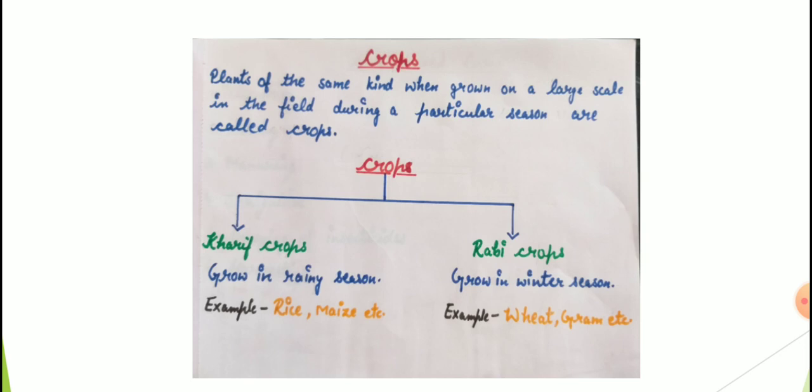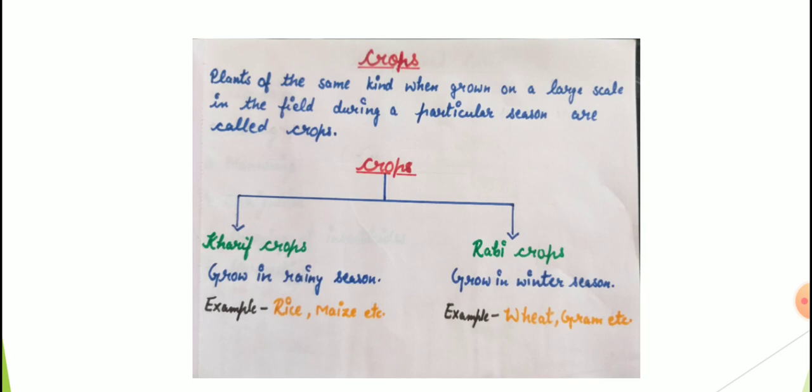Besides that, crops grow in different seasons, and according to the season, these crops are divided into two types. On the basis of season, they are grouped as kharif crops and rabi crops. So, what is the meaning of kharif crops? Kharif crops are grown in the rainy season, from June to September.